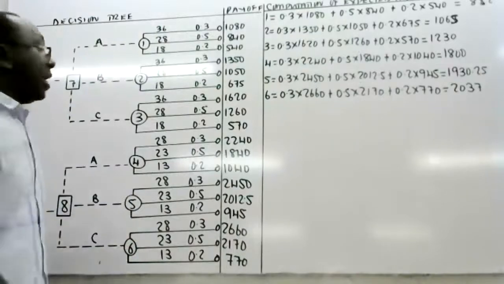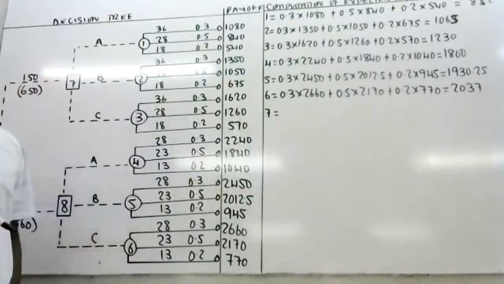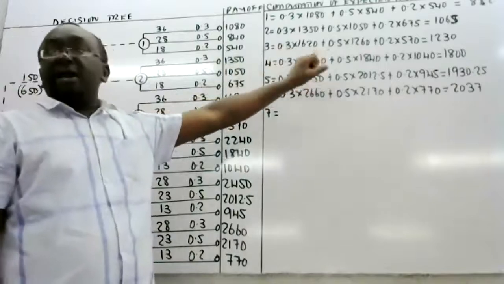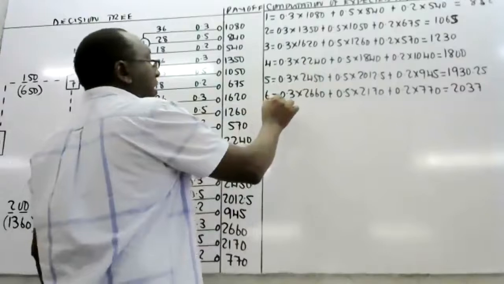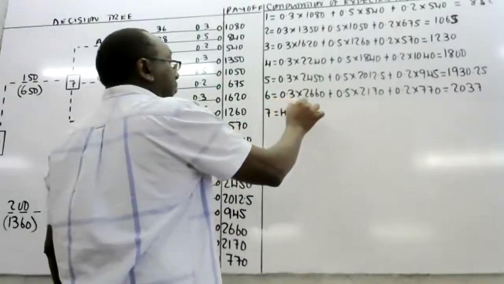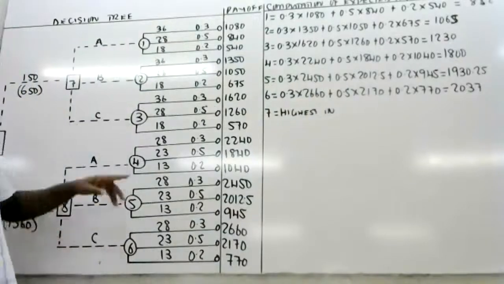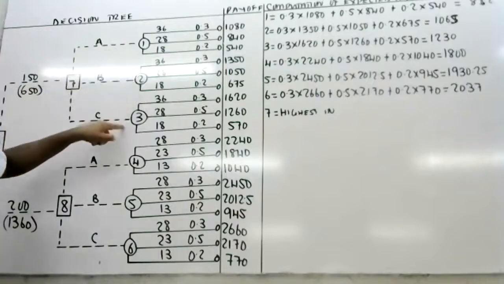Now we go to number 7. When you come to number 7, you can see the lines going out are incomplete. The incomplete lines represent options. So what you do, you don't multiply like we have done here, but you select the highest. You see the lines coming out from number 7, they are going to 1, 2, 3.